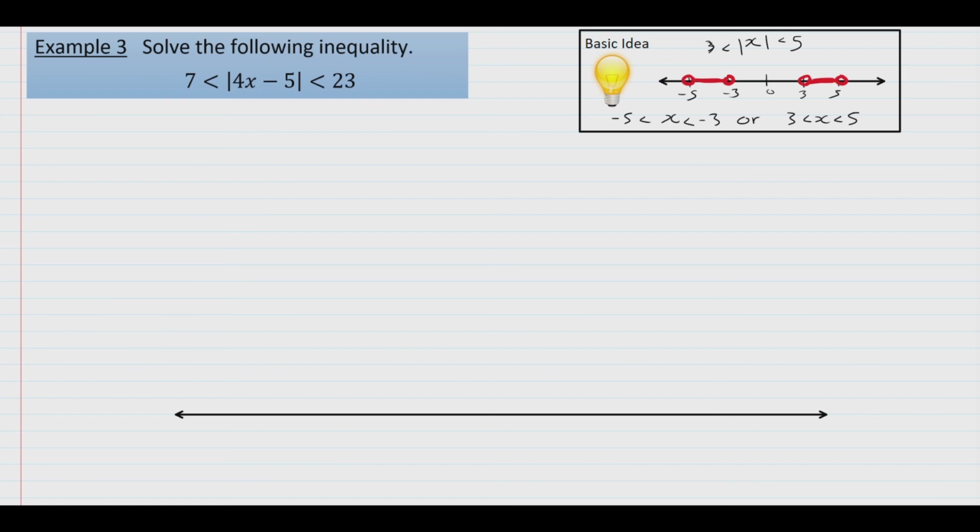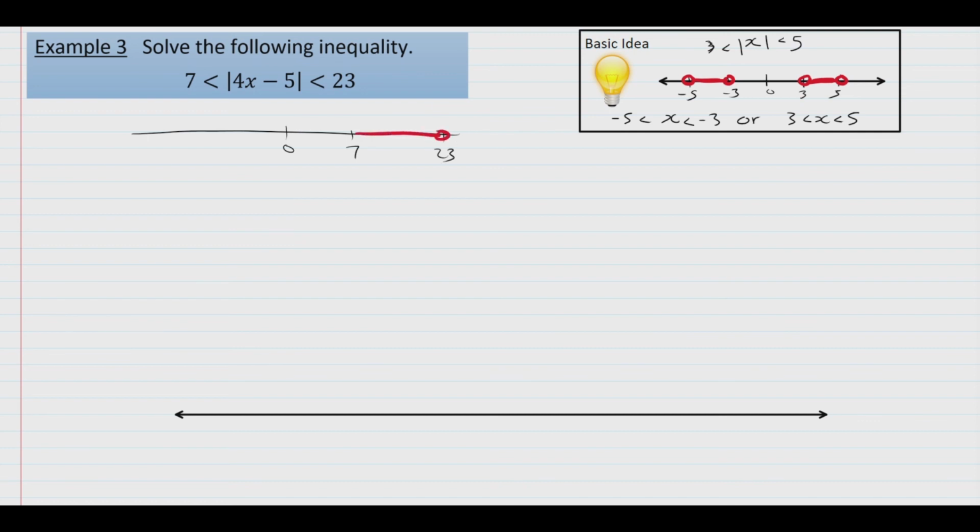So in our example, we're talking about 4x minus 5's absolute value falling between 7 and 23. So again, that means 4x minus 5's distance from 0 has to be between 7 and 23. And that can happen two different ways. You could actually have numbers between 7 and 23.